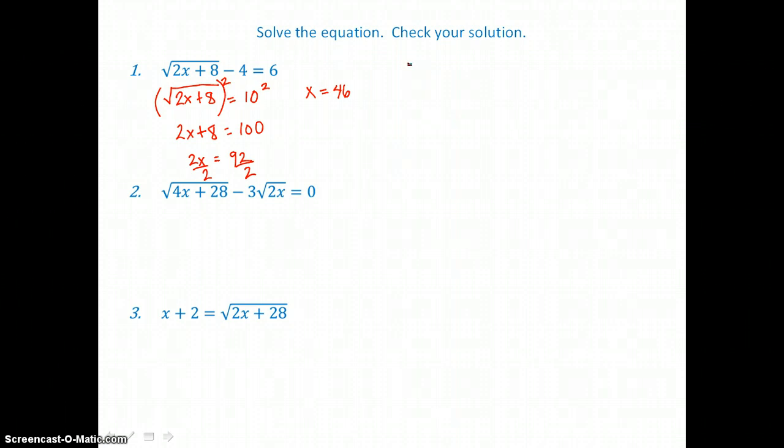And I'll check to make sure that that's a good solution. So in that original equation for x, I'm going to put 46. And I'm going to simplify that left-hand side to make sure that it equals 6. So underneath this radical, I've got 2 times 46, which is 92.